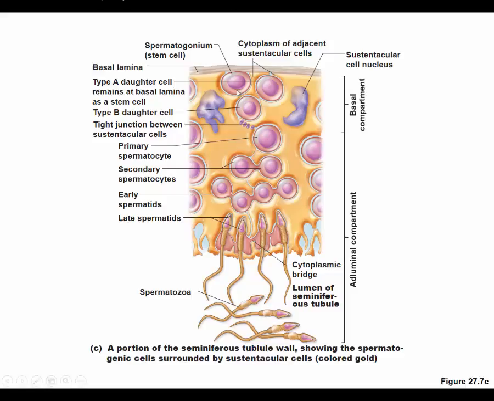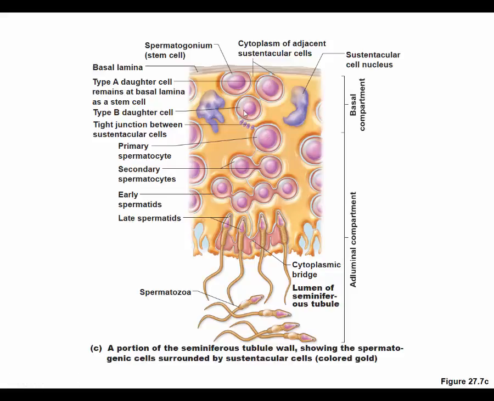What happens here is we have this stem cell out on the edge, again a spermatogonium, and it undergoes mitosis to form another cell that's going to move on and become a sperm. This one you can still call a spermatogonium.